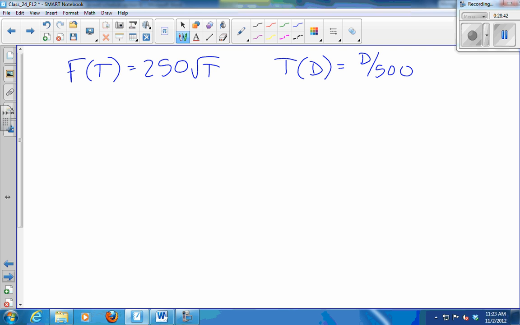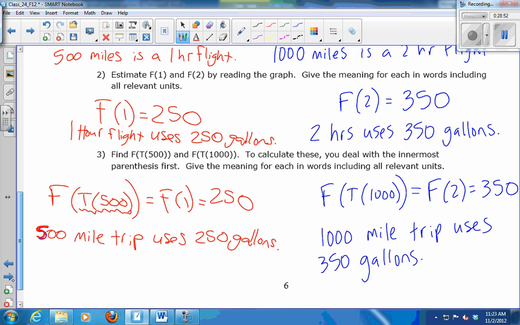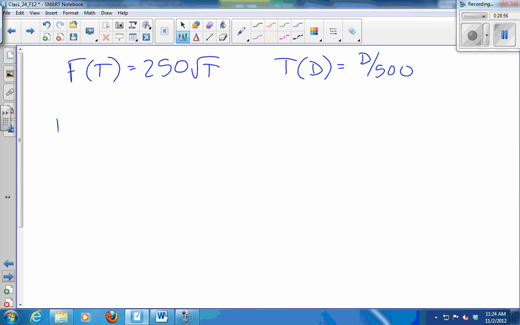So I'm going to jump to the composition because the composition answers the other two questions. So I wanted F of T of 500 and F of T of 1,000.